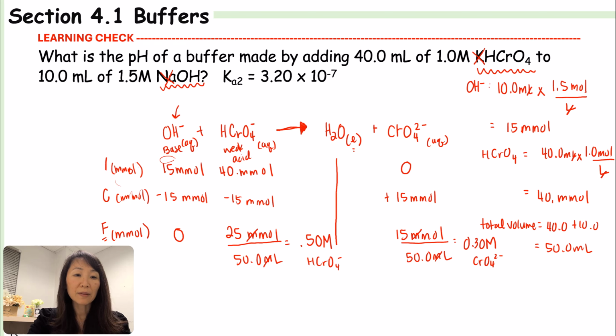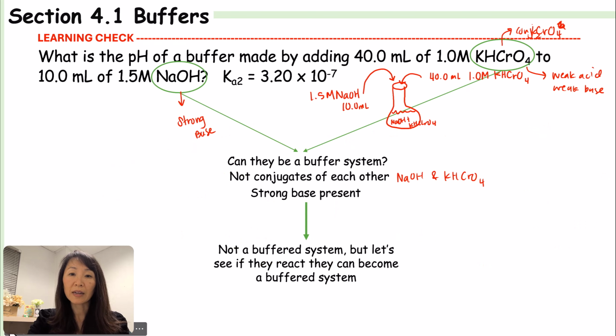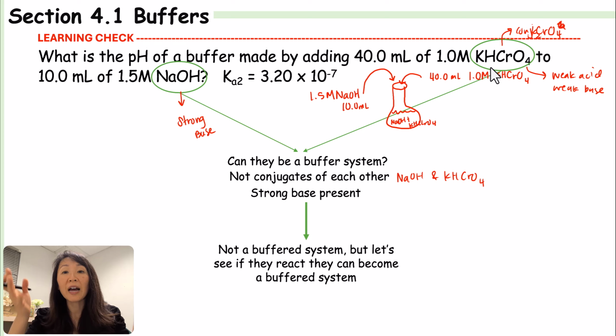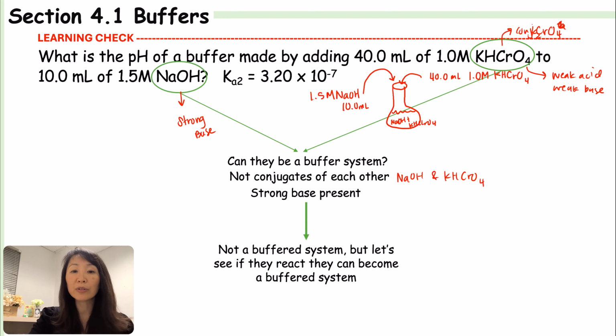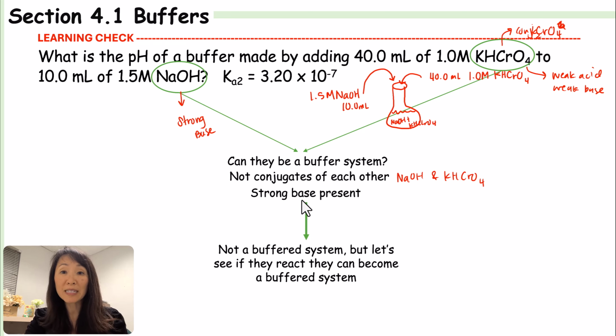Remember what I have mentioned in the previous slide. Can this be a buffer system because it has a strong base and a weak acid? And initially, by looking at just these two compounds, it's a no because one, they're not conjugates of each other, and also strong base is present. However, when they react together, right? When you react together, you will notice the strong base has been depleted.